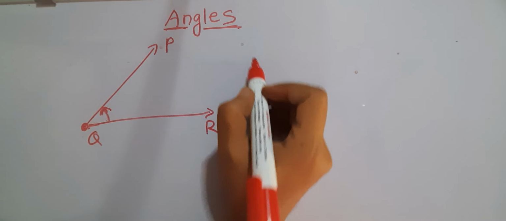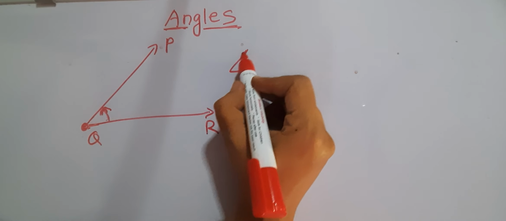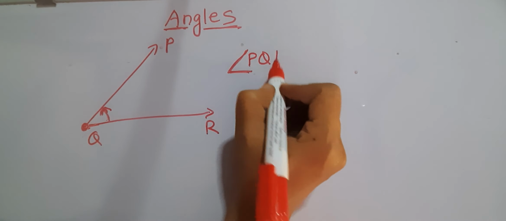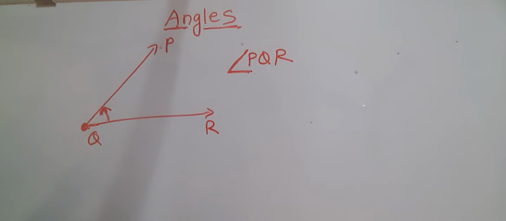So how do we represent an angle? We give a symbol of angle and we write PQR. This is the way we represent the angle PQR. When two line segments or rays intersect or meet at a particular point, we say an angle is formed.